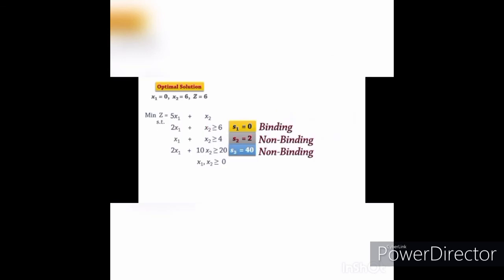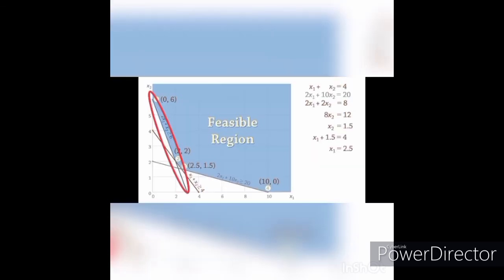As a result, only constraint 1 is binding because it has a surplus value of 0. And on the graph, we can see that of the 3 constraints, only constraint 1 touches the optimal solution point. So, now let's calculate the shadow prices for the constraints.